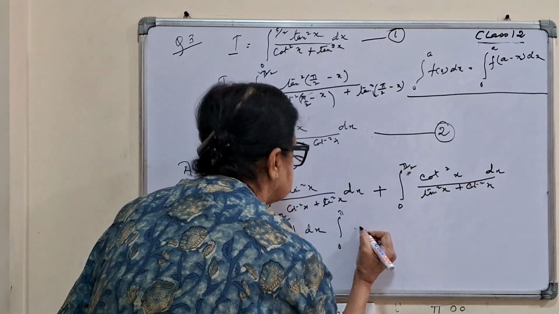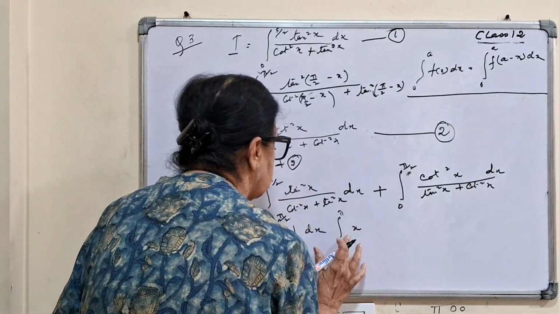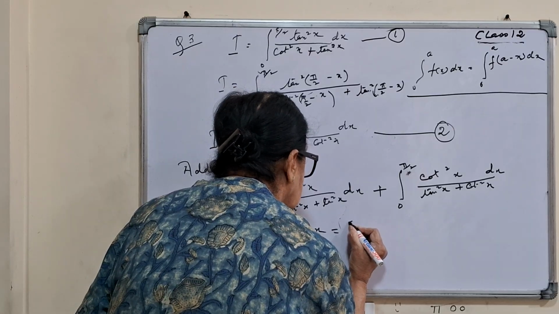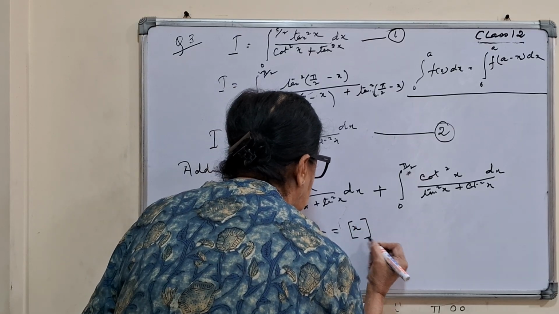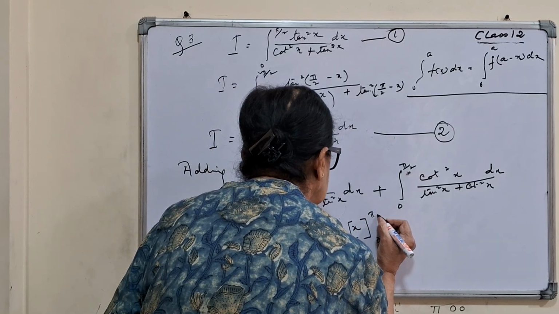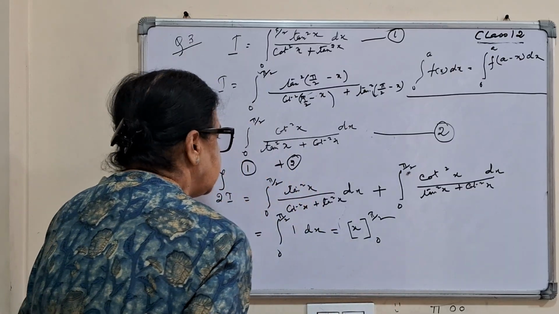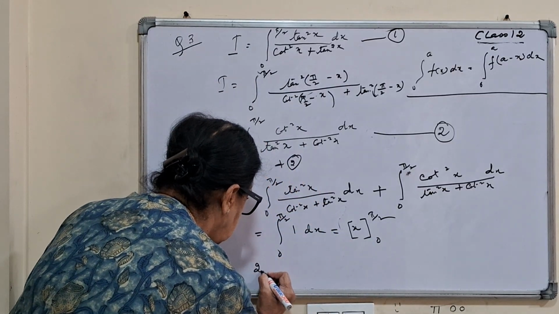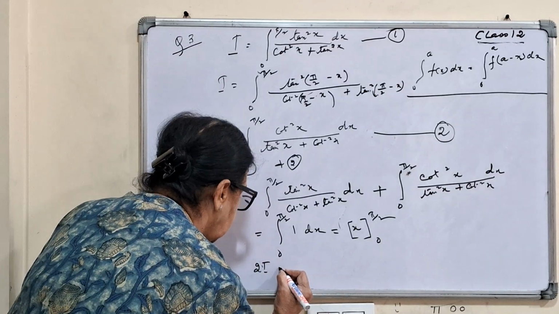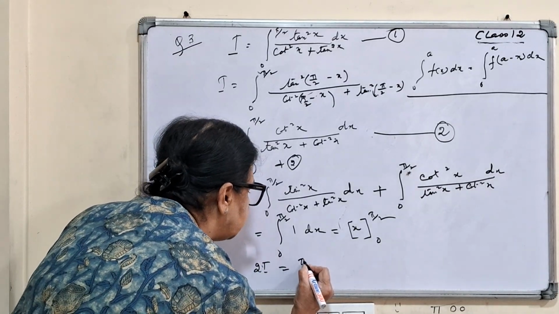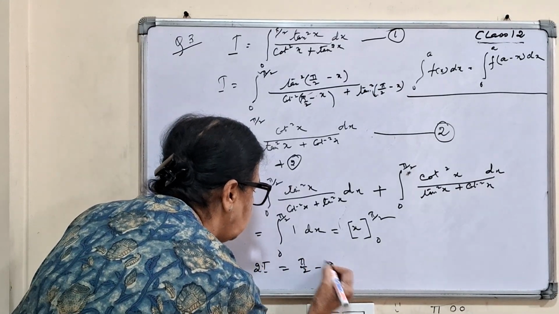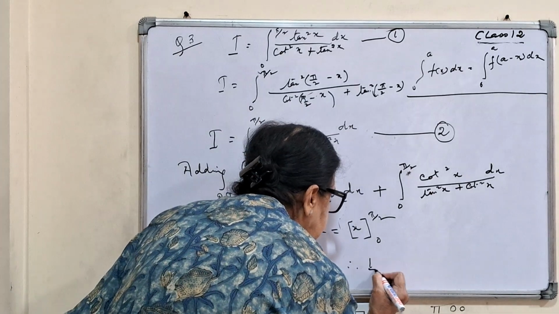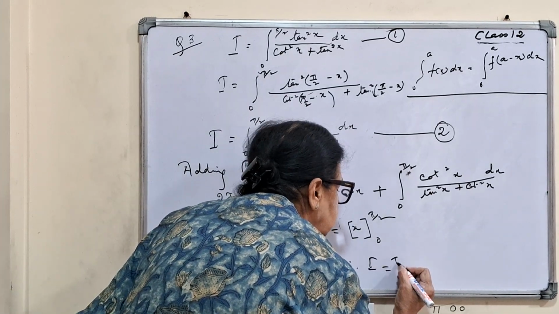Then 2I is equal to pi by 2 minus 0, and therefore I is equal to pi by 4.